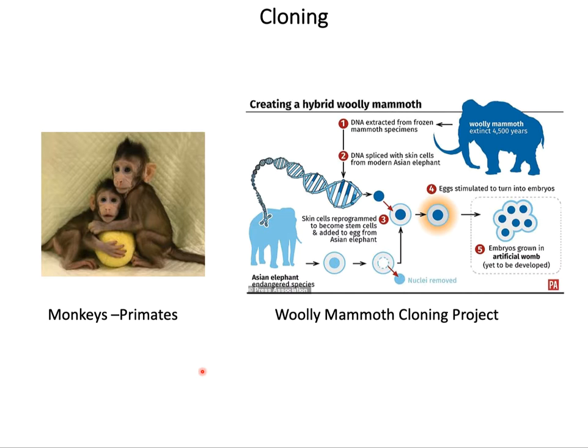The woolly mammoth cloning project has so far been unsuccessful. Obviously, they cannot do it by somatic cell nuclear transfer from a woolly mammoth, but they are using DNA from frozen specimens. This has been a challenge since some of these specimens are at least 4,000 years old or older.